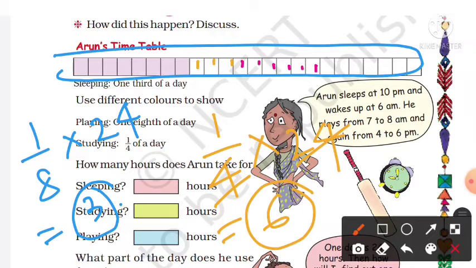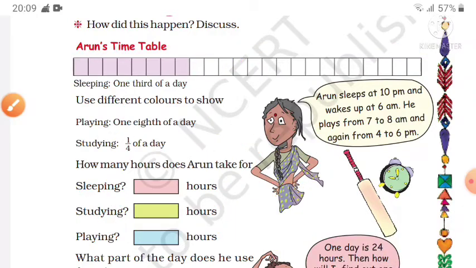So sleeping, playing, studying are already completed. Next, how many hours does Arun take for sleeping, studying and playing? 8 hours for sleeping, 6 hours for studying and 3 hours for playing, which we have already done. Next, what part of the day does he use for other activities?